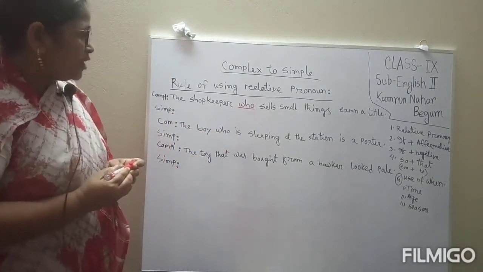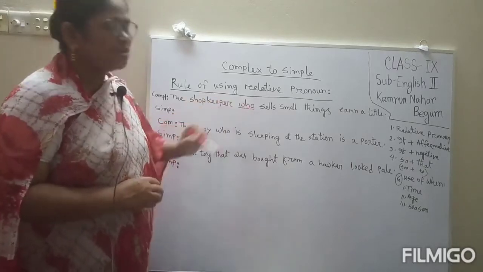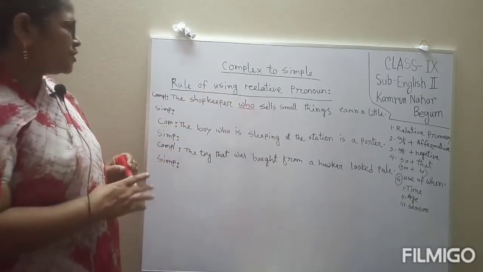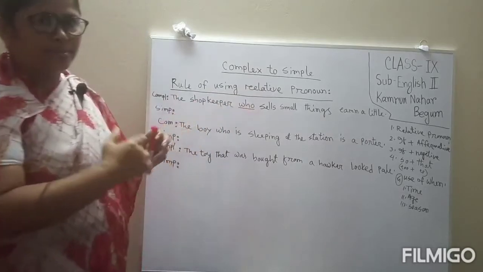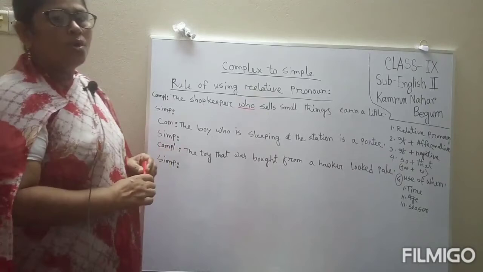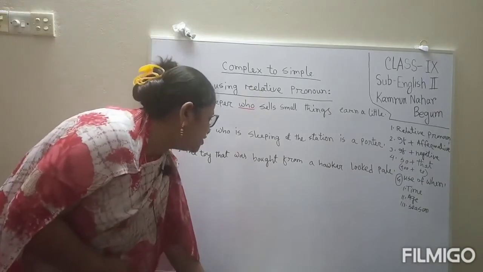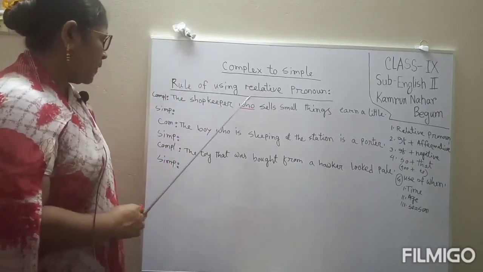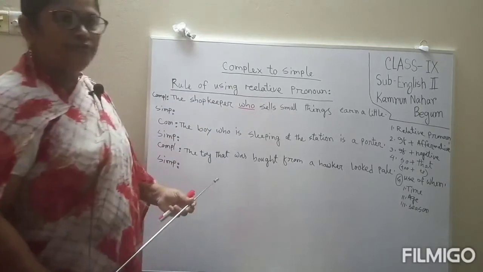And remember that you have to vanish the relative pronoun and your target should be to connect the sentences and make a single clause. So what should we do? We have to vanish the relative pronoun and add ing after the main verb.